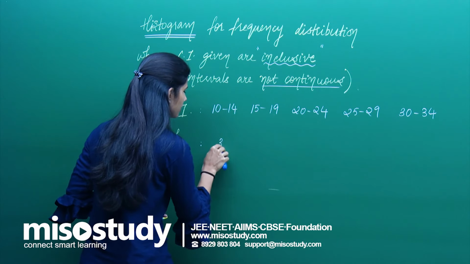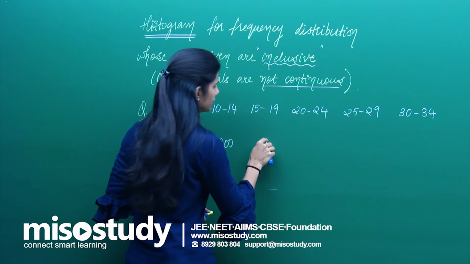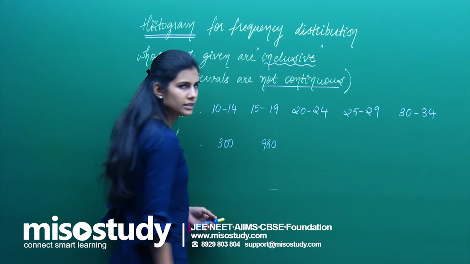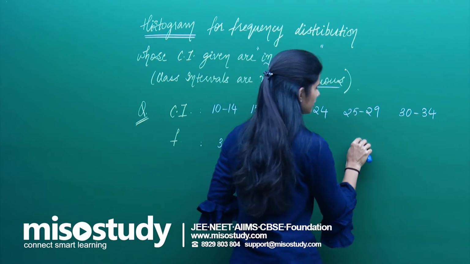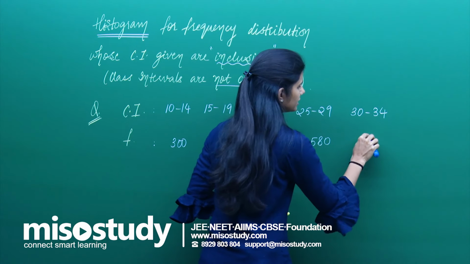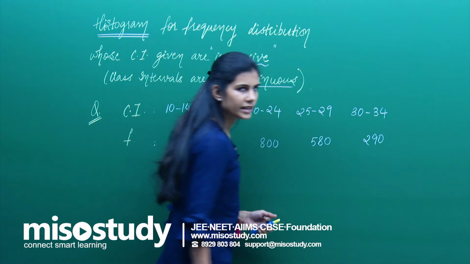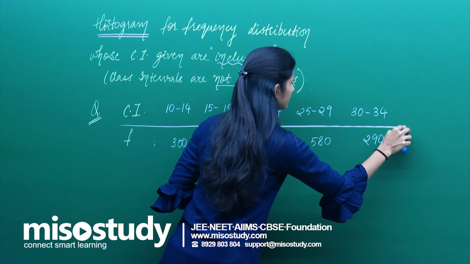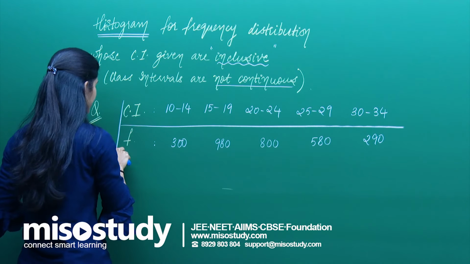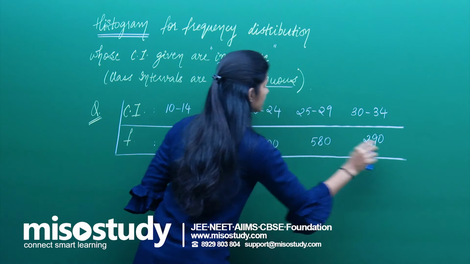Frequencies are 300, 980, 800, 580, 290. So this is the data given. Of course, you can identify that this data is of a frequency distribution.